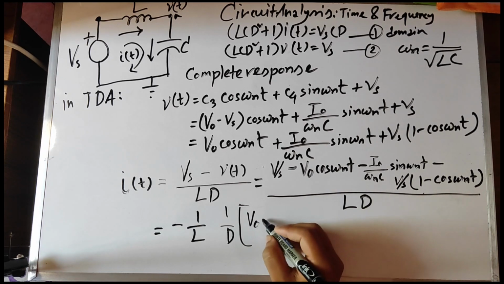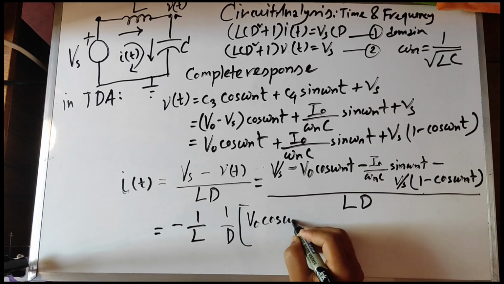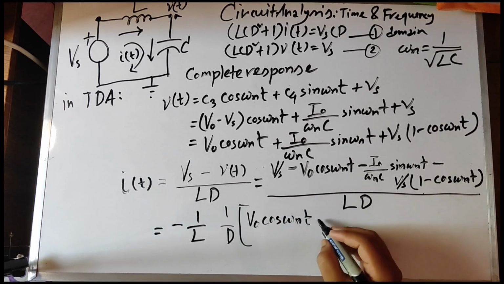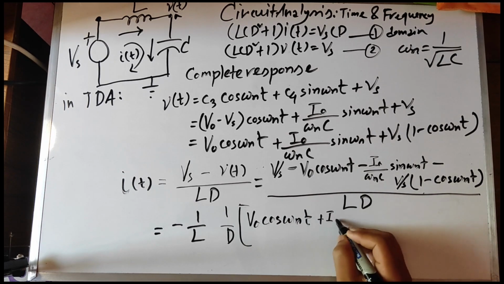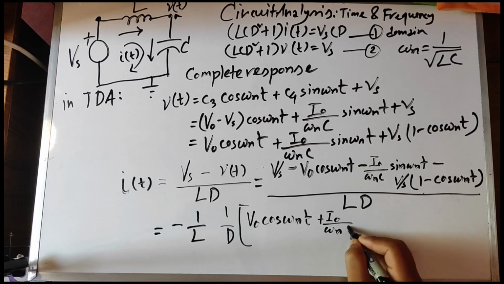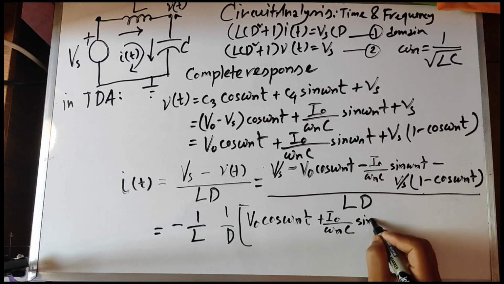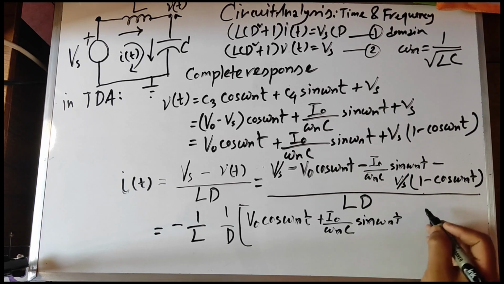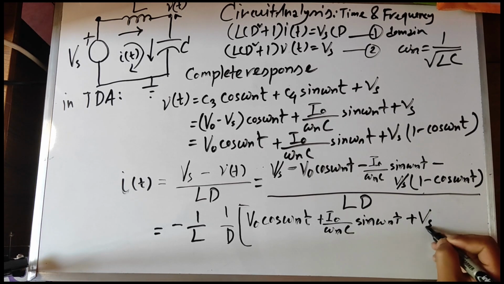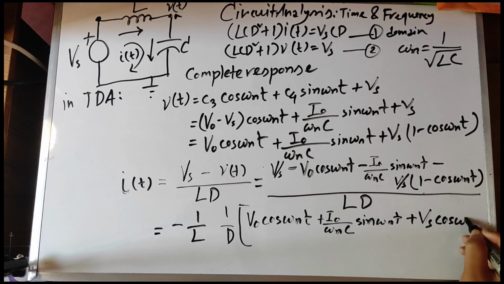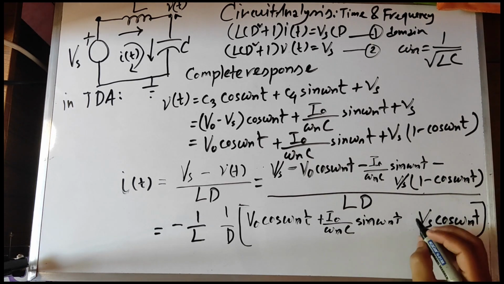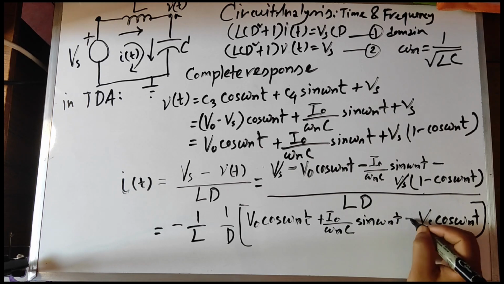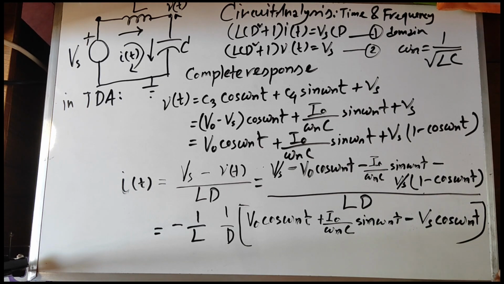So VO cos omega nt plus IO by omega n C sin omega nt plus Vs cos omega nt, and this will be minus Vs cos omega nt.